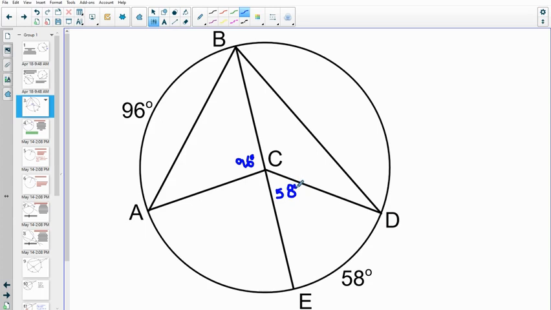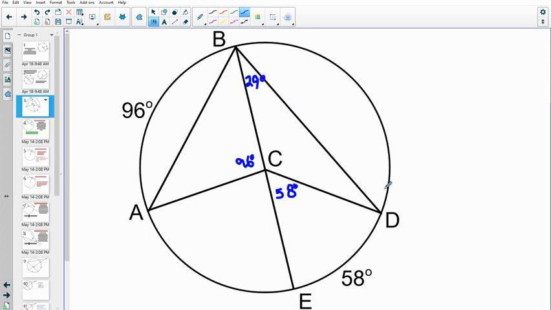But I can go farther on this one and say that I've also got an inscribed angle over here. This inscribed angle is going to be half of the measure of the intercepted arc. So half of 58 degrees, this angle will be 29 degrees. Now, it's a little bit tricky to read. Let's make that 9 more clear.